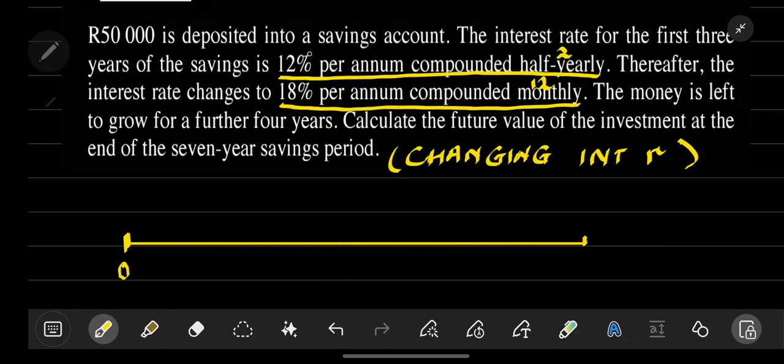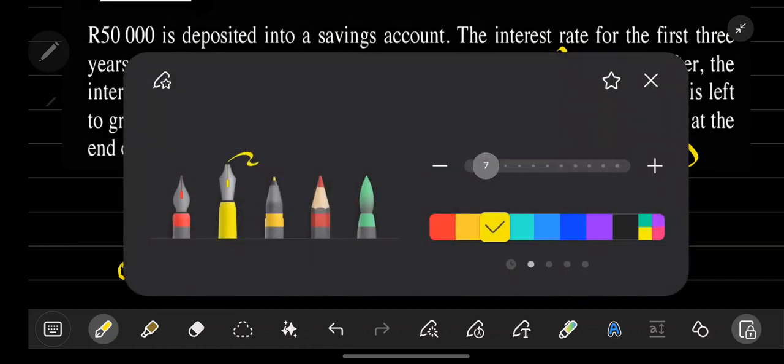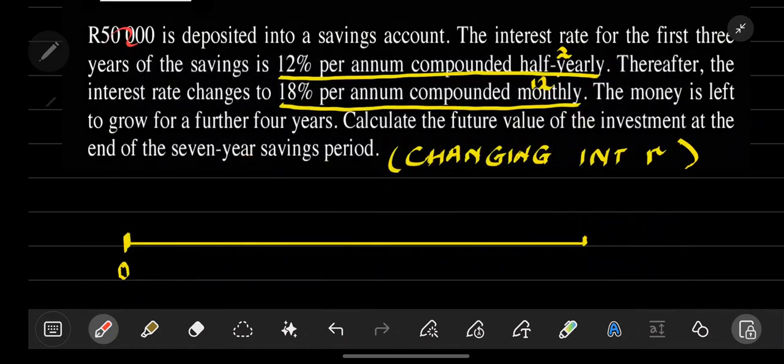Okay, so 50,000 is deposited into a savings account. Let's also analyze this 50,000. You know that it is your P, deposited into a savings account, and the interest rate for the first 3 years. Now I want you to notice the 3 years.